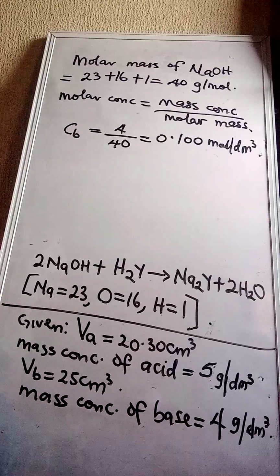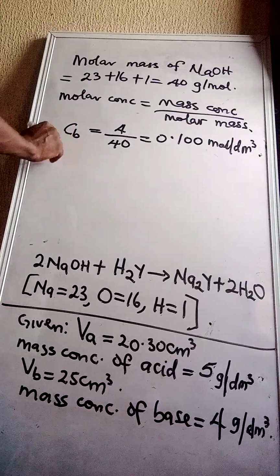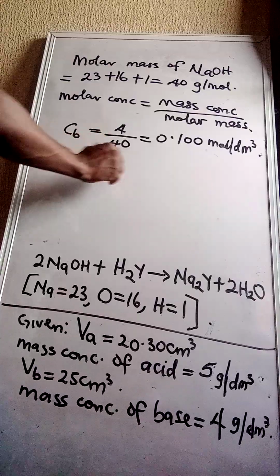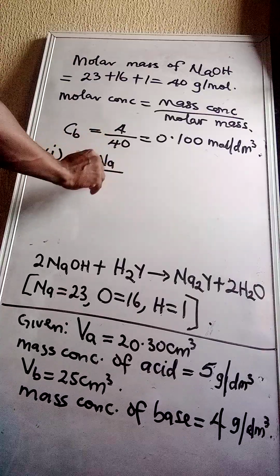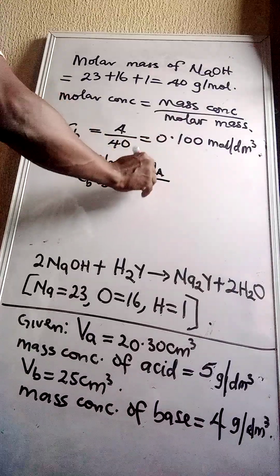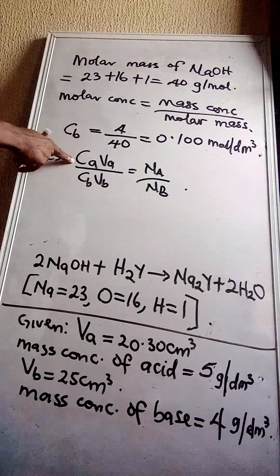The first question asks us to find the molar concentration of the acid, which is Ca. To find Roman figure 1, I can use CaVa over CbVb is equal to Na over Nb. So this is what I'm looking for, Ca.